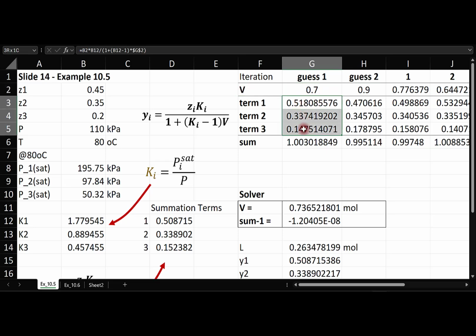I did the sum and got 1.003. I took another guess, 0.9, and got 0.99. To do linear interpolation, it's important that you cover that 1, so 1 should be below and 1 should be above. Because if the 1 is not in between, it's extrapolation and it'll throw you off, so it might affect the iterations that you do.